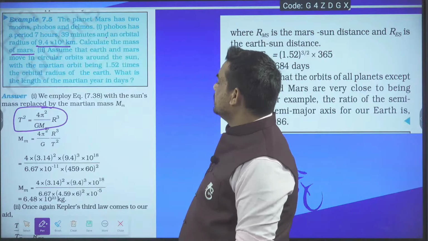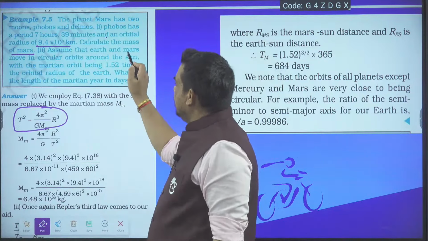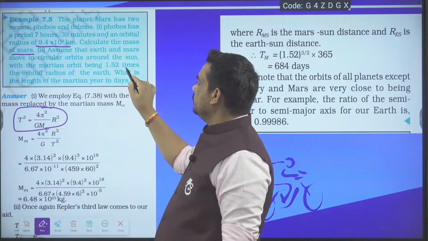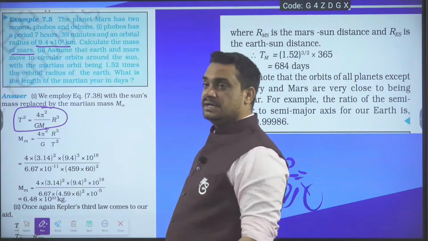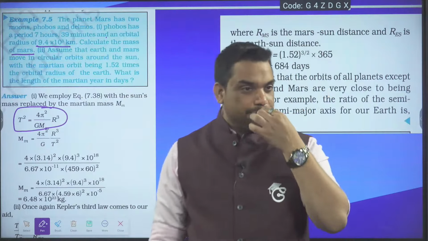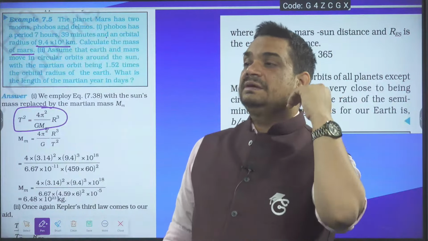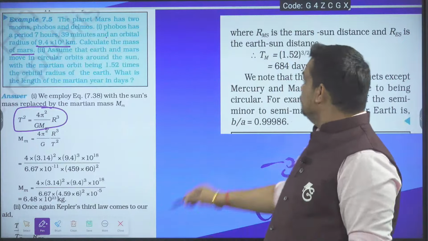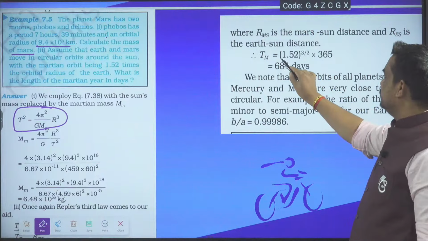Then they are asking, okay, second part, assume that Earth and Mars move in circular orbits around the Sun with the Martian orbit being 1.52 times. They said 4 times because calculation of 1.52 times is slightly tough. If they are giving 1.52, then they have to provide the value of 1.52 power 3 by 2.